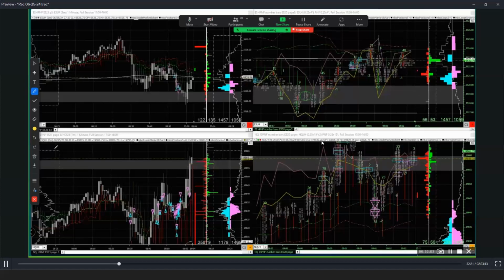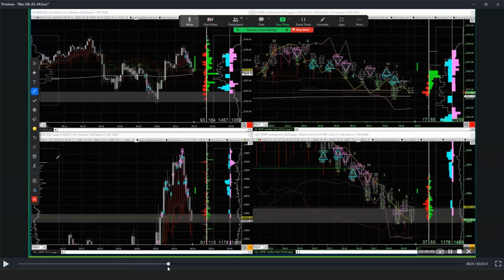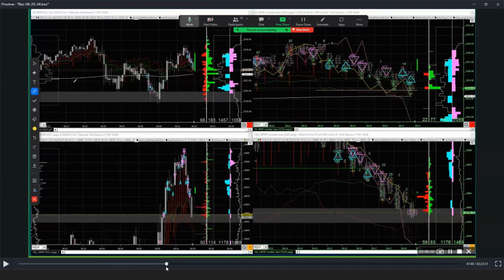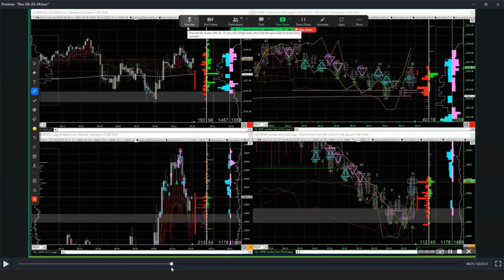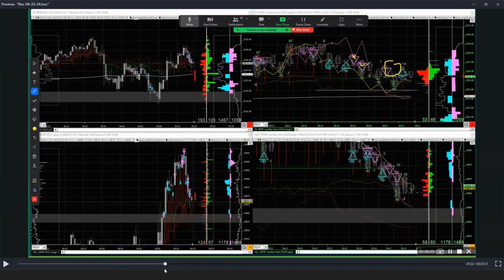Now, at 9:17 Central in the ES, right in here, this had a little to do with the OPP and bringing that in. There was a potential qualifier coming into support with this blue and another blue. But right at the time, I'm going to play it. Keep your eyes up here.